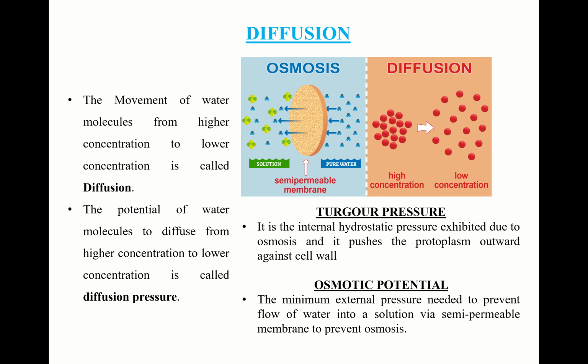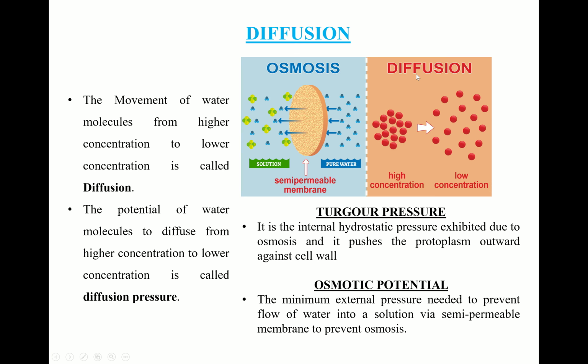Then it can be defined as the movement of water molecules from low solute concentration to higher solute concentration through a semi-permeable membrane. The semi-permeable membrane allows only selective substances to move from one cell to another, so it acts as a barrier.